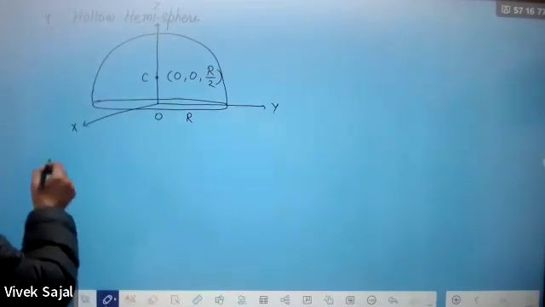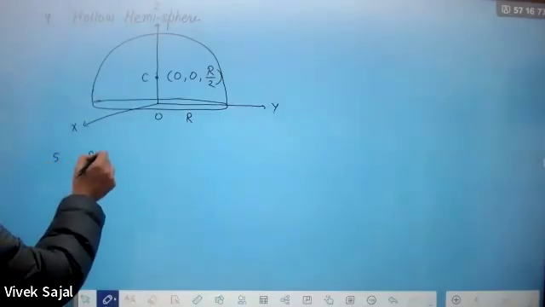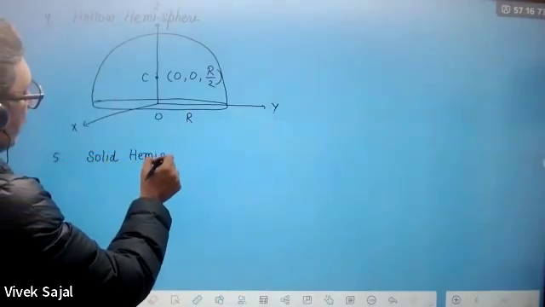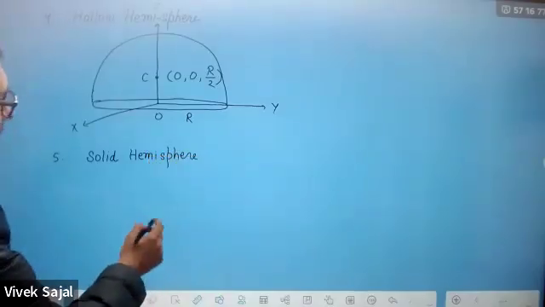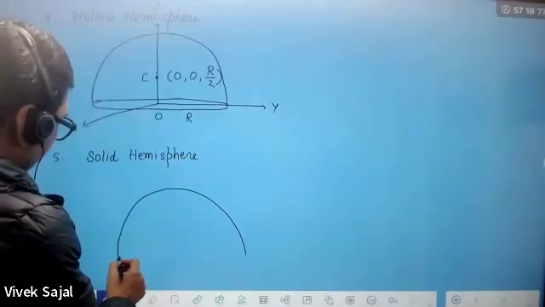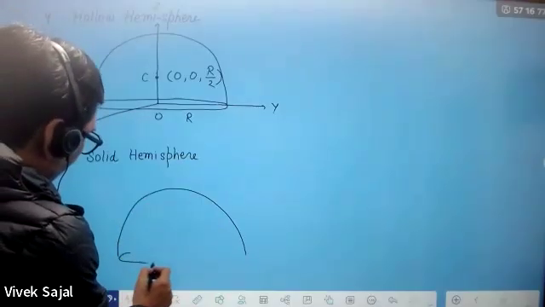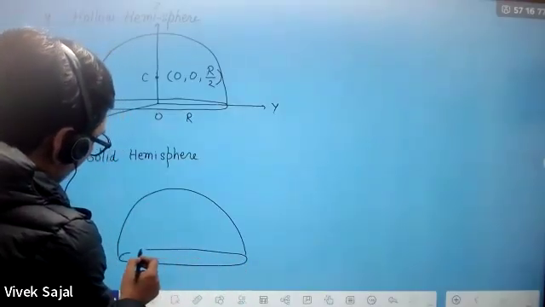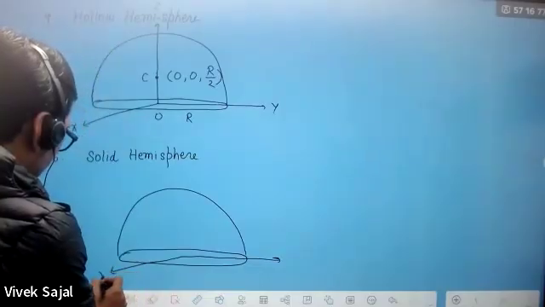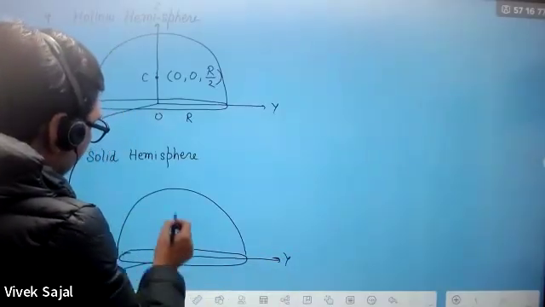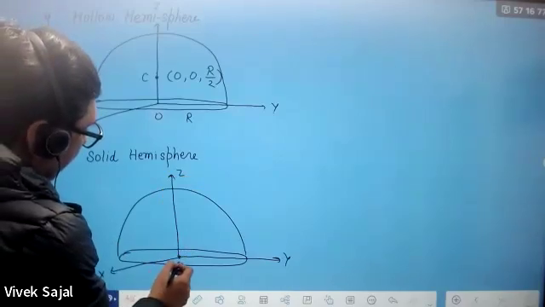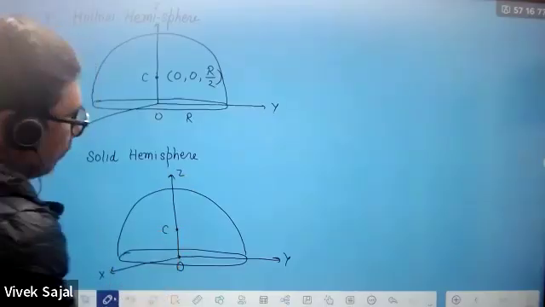Next, if you are having a solid hemisphere, this is the origin here and the center of mass will be here.